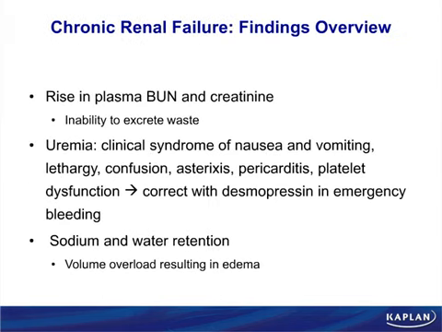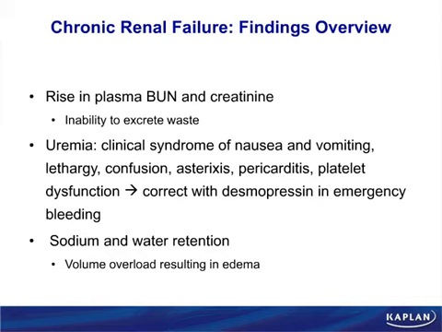So consequences of chronic renal insufficiency. You have a rise in BUN and creatinine due to inability to excrete these waste products. You will have uremia. Uremia is a clinical syndrome that consists of nausea and vomiting, lethargy, confusion. Patients may sometimes go into a coma, asterixis, also known as a flap.